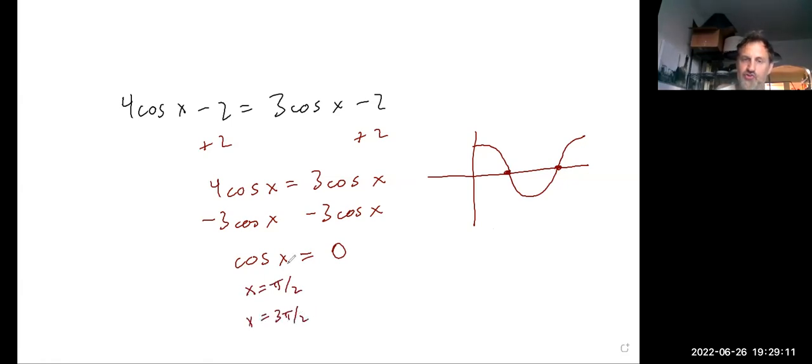I could also use my trick and say my second solution is the negative of the first solution, negative pi halves, because that is another answer. And again, with no coefficient here, I know that the period is 2 pi. So I'm just going to add on 2 pi n.